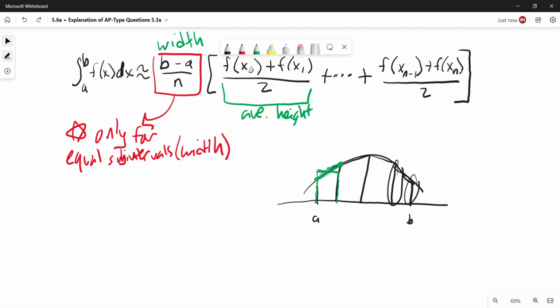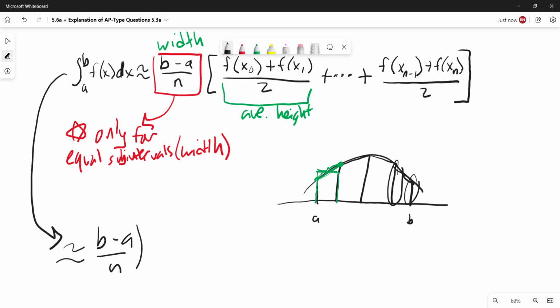So if you were to write out all this, you'd still have the b minus a over n. First of all, notice there are 2's because you're averaging everything.